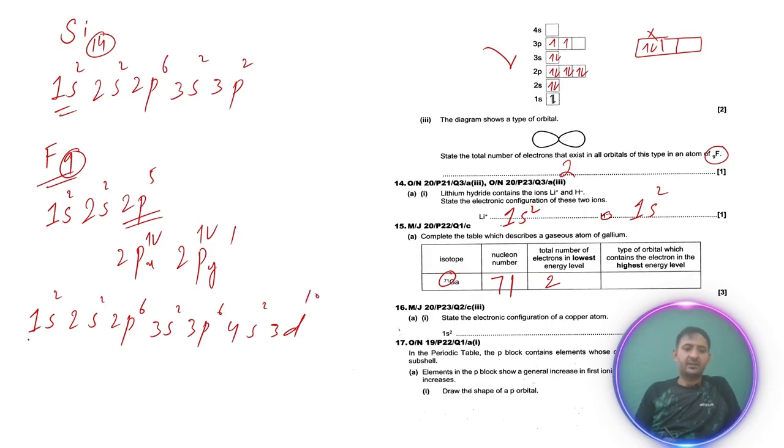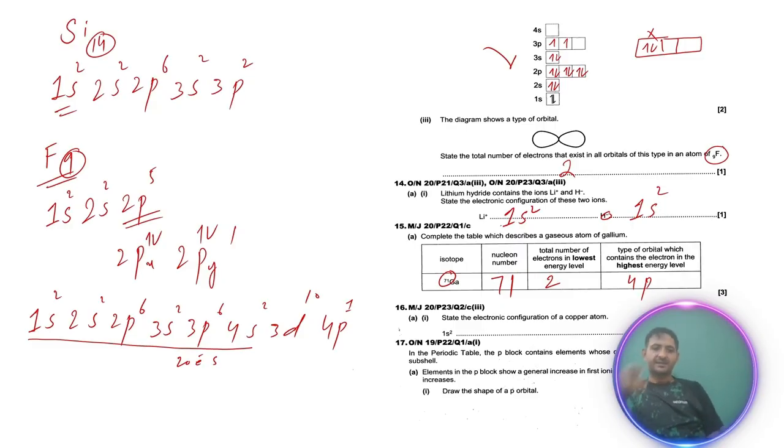From my knowledge, 20 electrons till here, and 10, 30, and then 4p1. So 4p is the highest energy shell. Okay. So the type of orbital which contains the electron in the highest energy level is 4p, a p orbital. Okay, type of orbital is a p orbital.